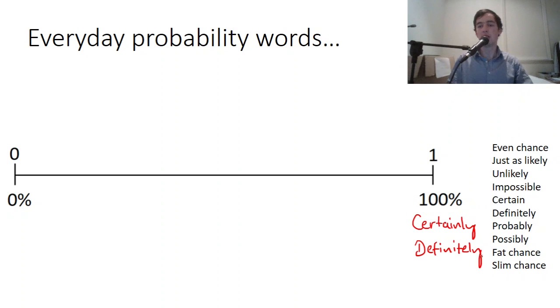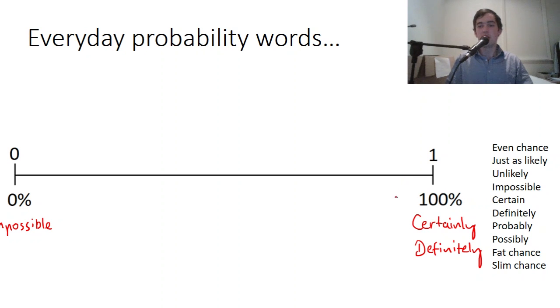And that actually lines up with a probability of 1. Everything has numbers in maths, so if something's certainly or definitely going to happen, it has a probability of 100% or 1. But there is a probability of 0, which means it's impossible. 0% on the other end of the scale.